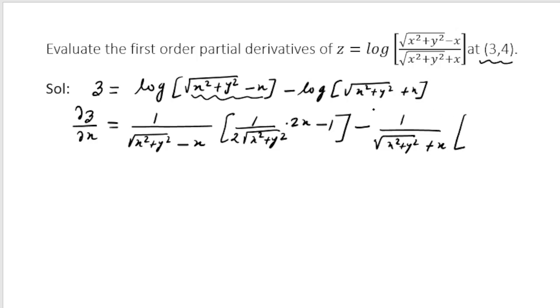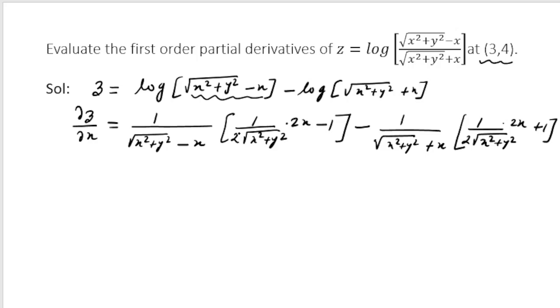And then again the same thing, if I differentiate x square plus y square, I will get 2 times under root x square plus y square, and into derivative with respect to x is 2x, and this will give me plus 1. So you can simplify this.